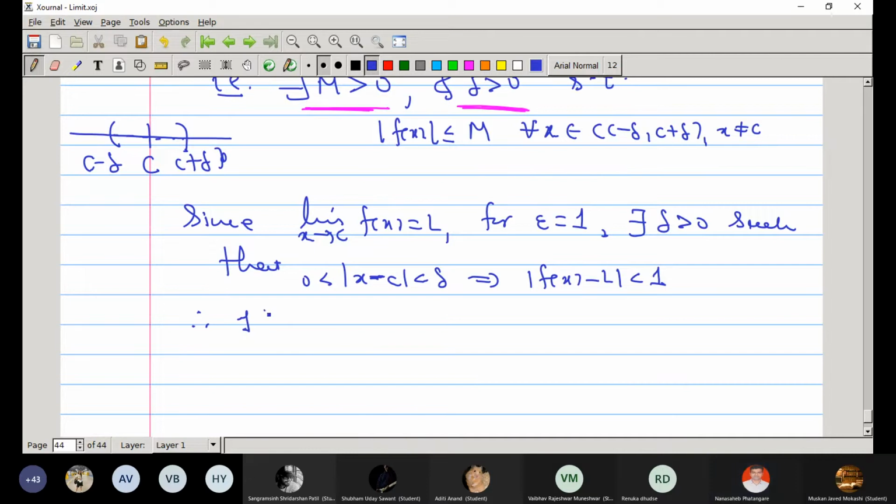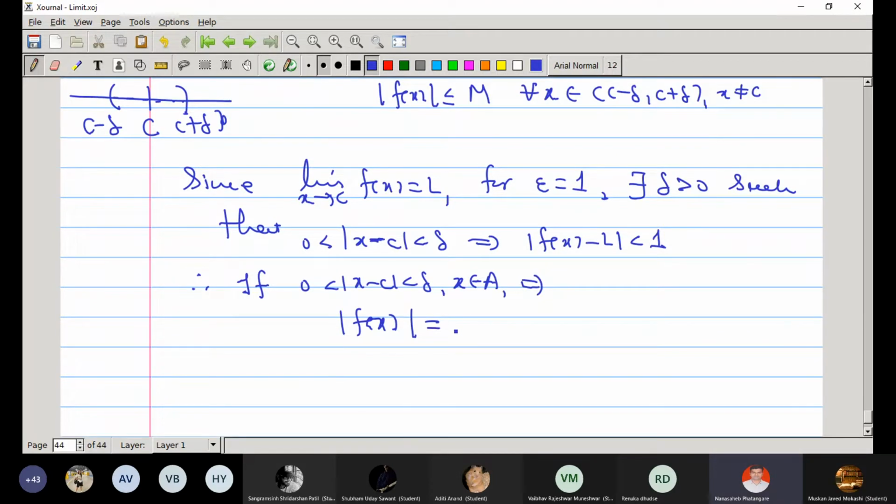Therefore, if the distance of x from c is less than delta and x is in the domain, then what can you say about f(x)? Is it less than some number?